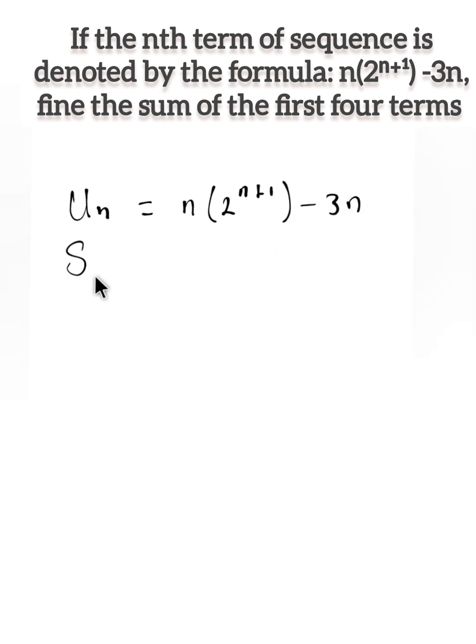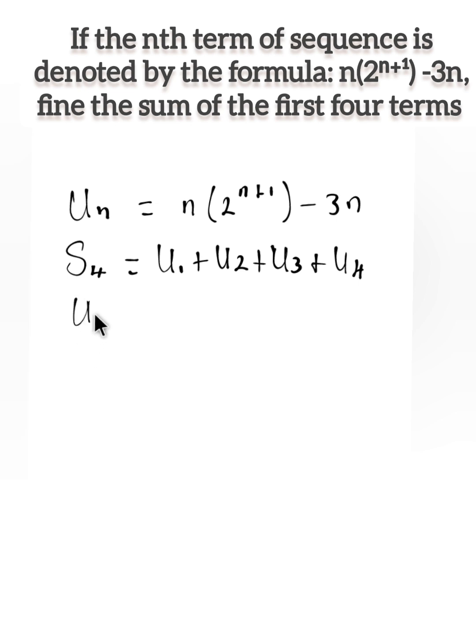We're looking for the sum of the first 4 terms, which are U1 plus U2 plus U3 plus U4. So we're going to find U1, find U2, find U3, find U4, and add them together, and that will give us the sum of the first 4 terms.